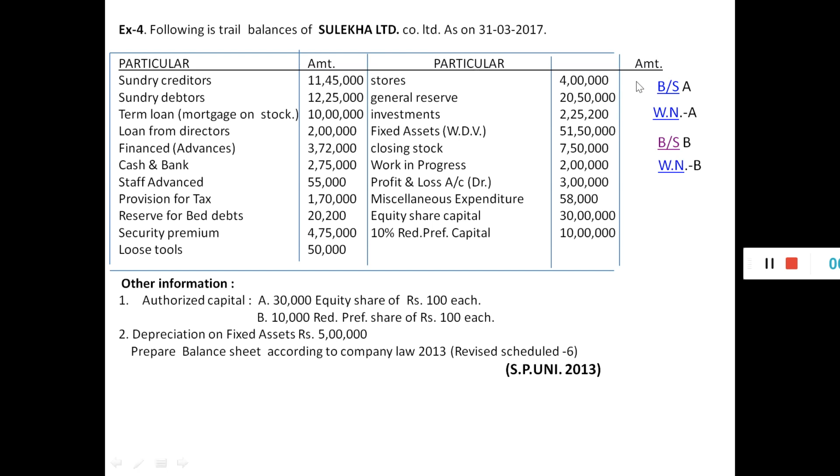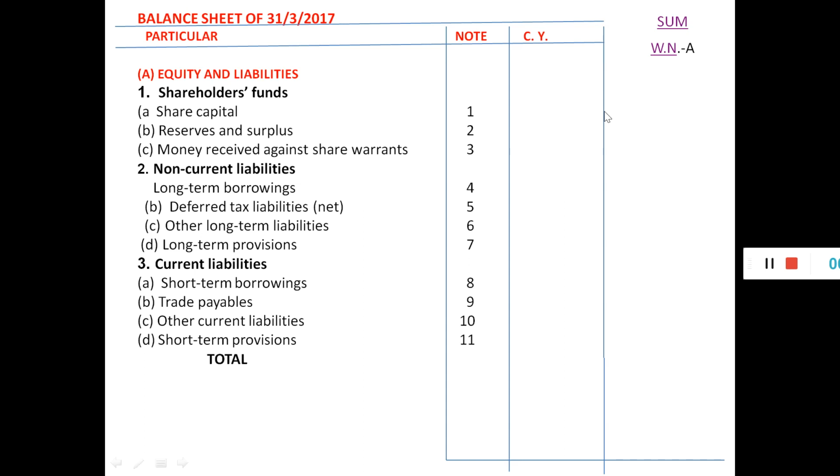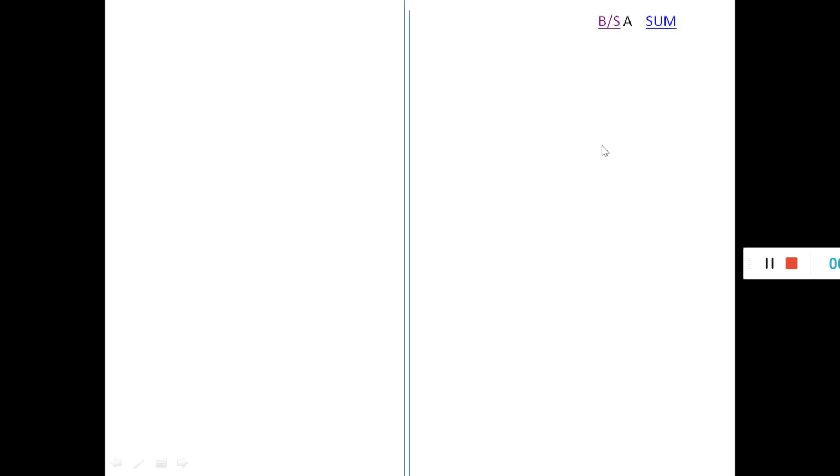Go to prepare the balance sheet. First of all, share capital. Go to the working note. Authorized capital as per the adjustment number 1. Authorized capital of preference share as per the adjustment number 1.